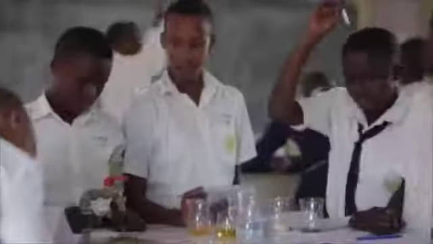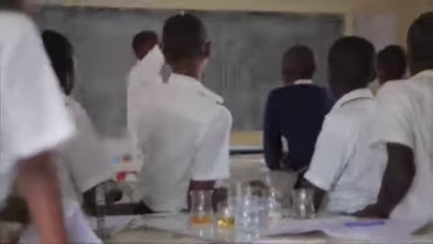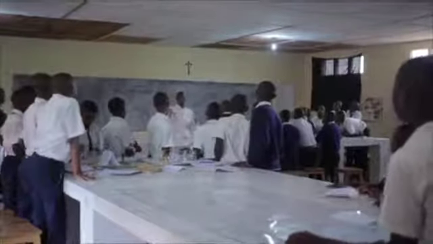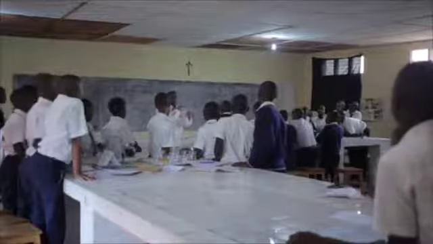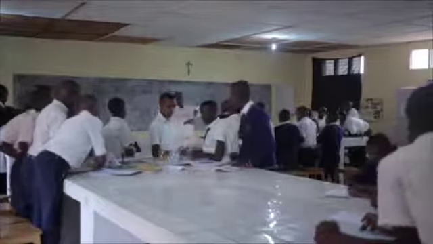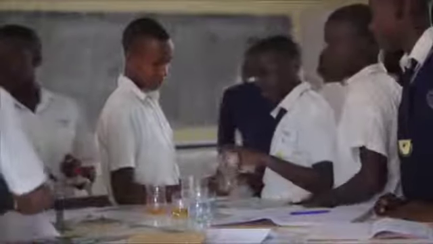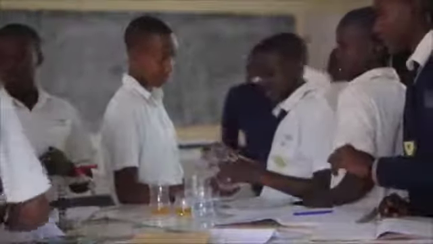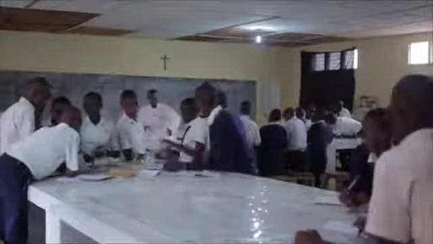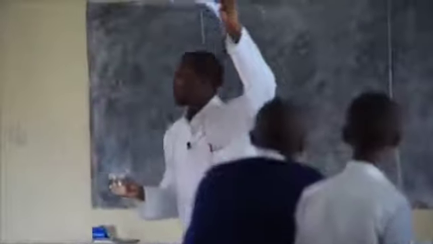All eyes on me. Here I have what? Rice. And what is this? Beans. Okay, we have rice and beans. In your groups, one student is going to mix rice and beans. All of you have a white paper?